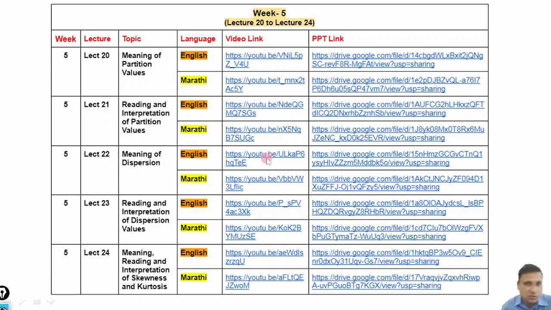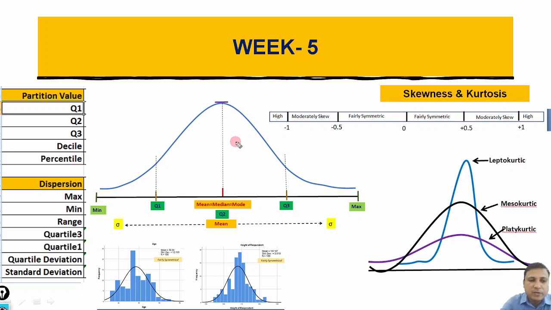So the major objective of week 5 was to make you all familiar with the partition values like quartile 1, quartile 2, quartile 3, decile, percentile; with the dispersion values, that is max, mean, range, standard deviation, quartile deviation; and with skewness and kurtosis, and in kurtosis more specifically leptokurtic, mesokurtic and platykurtic. What is the meaning of all these terminologies, and how to give meaning to the values which we obtain here in MS Excel and SPSS.